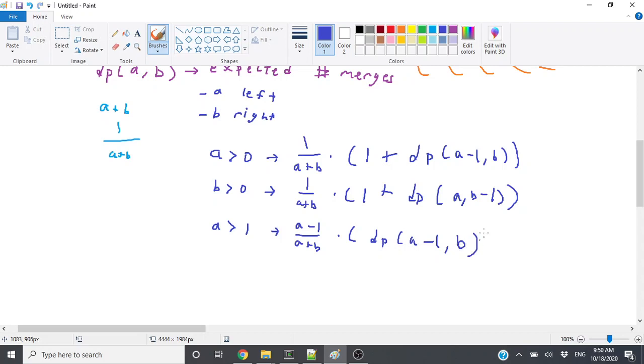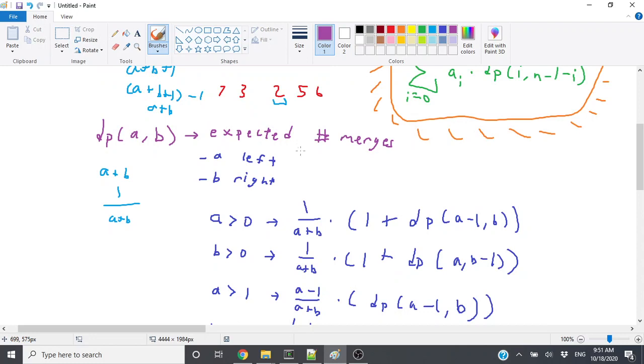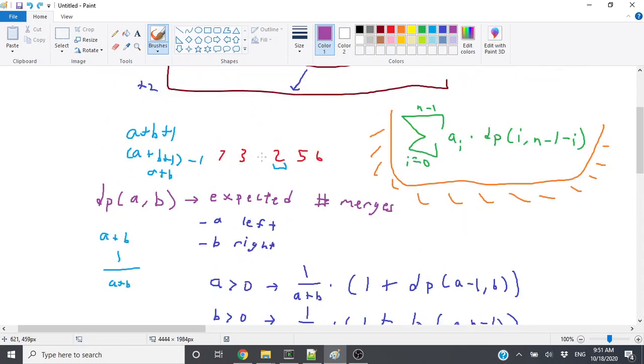Once again, if B is greater than 1, by the same analogy, B minus 1 over A plus B times dp of A and B minus 1. Cool, these are the transitions, because either we merge with this one or we don't on both left and right, and that's it.